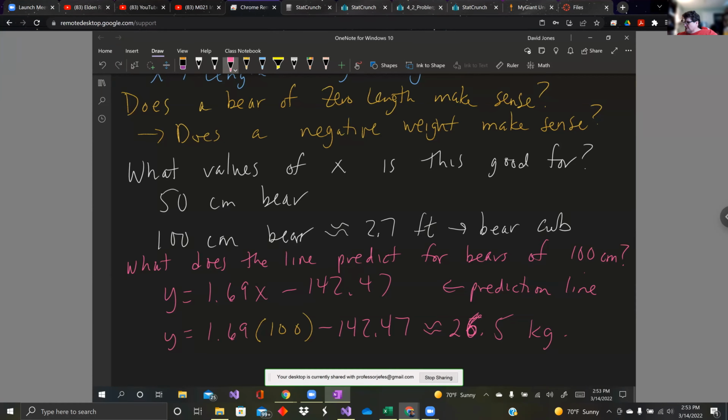What about like 100? Let's not go 50 centimeter bear. That's like one foot. Let's change it. Let's look at like 75. About a 75 centimeter bear. A 75 centimeter bear is, I don't know, a little over 2 feet, not much bigger than 2 feet.